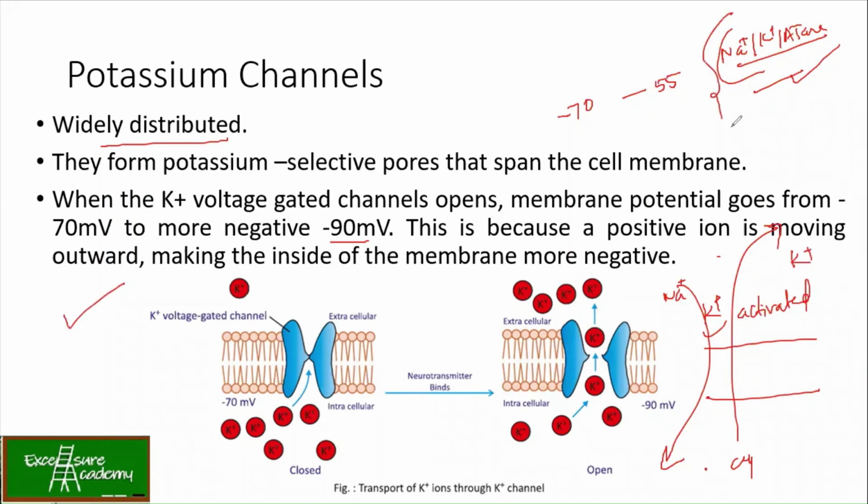Don't worry about this, because eventually we are going to talk about Na plus K plus ATPase, and then how exactly neurons are transferring the impulse from one neuron to another, and when does the K plus channel act and when do these channels act, we'll talk about it.